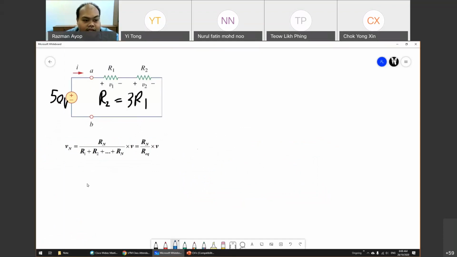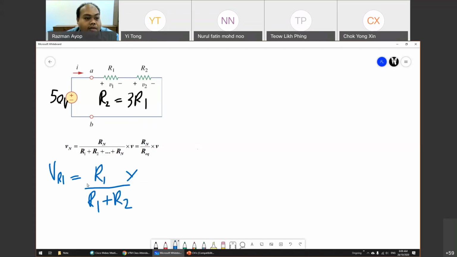We want to find VR1 first. VR1 equals R1, because N is 1, divided by the total resistance, R1 plus R2.